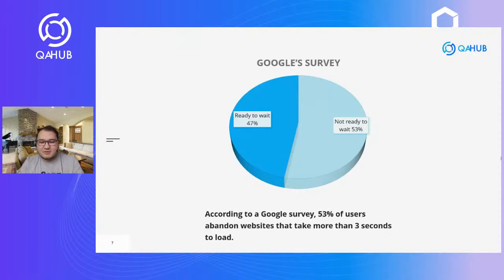On the next page, we have an interesting fact based on a Google survey. The people who were asked were not ready to wait more than 3 seconds when using a website, whether for items or the whole page to load.